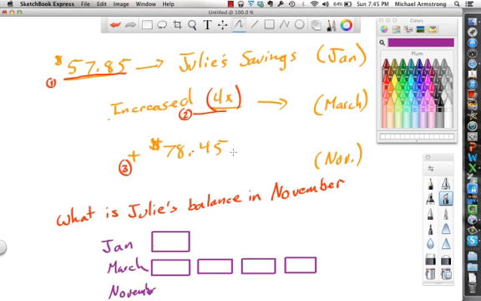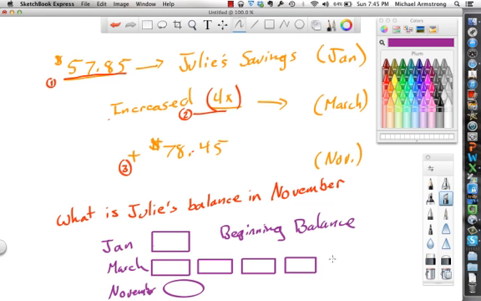she adds some more, but let's see. Let's try this. There we go. Make it so that it fits. Now I made it a circle because I want you to remember that this is her beginning balance.